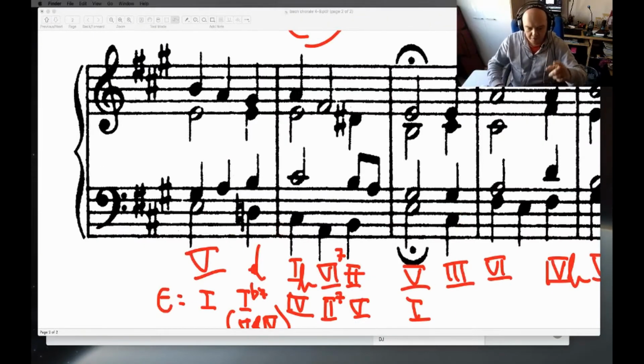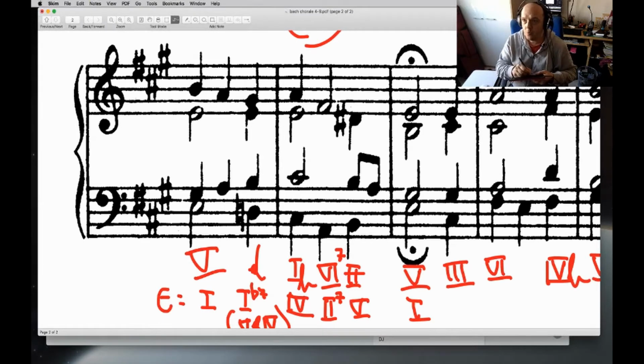And me from the future again. Now that particular chord here, it could be thought of as chord 1 without a third, without the C sharp.